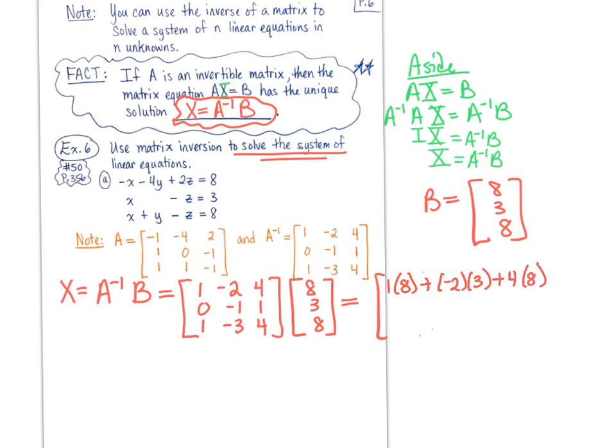Then we're going to have, you tell me, 0 times 3? Plus -1 times 3. Plus 1 times 8. Good. And then the last entry, wait, no, 0 times 8. Sorry, that should be 0 times 8 up there. Right? Because you have to multiply the first entry by the first entry here. So that would be 0 times 8, -1 times 3, and 1 times 8. Good correction.